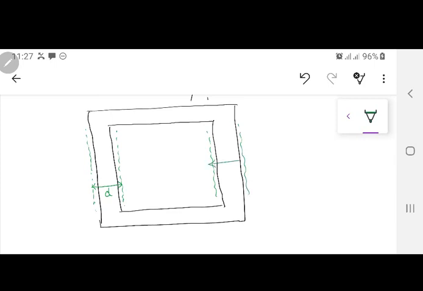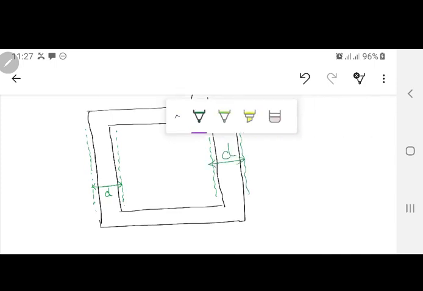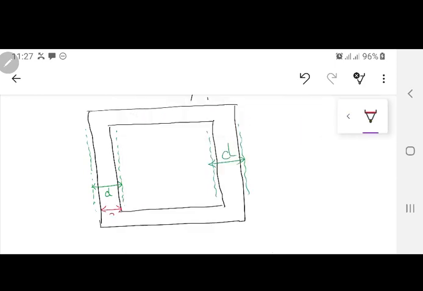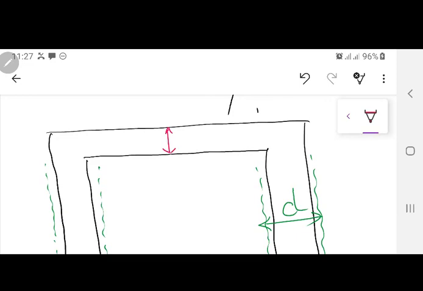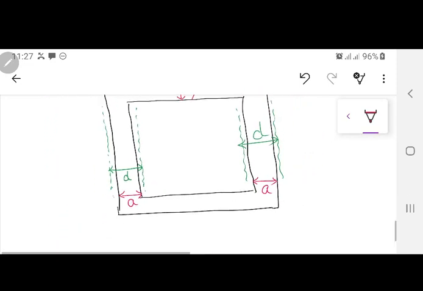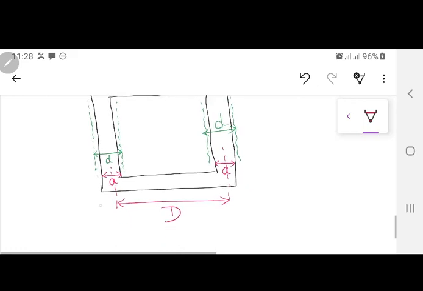This is D, and this length is equal to A, this length is equal to A, and since this is the yoke, this is equal to HY, height of the yoke, and if I take it from this center and the center of the limb, this distance is called capital D over here, and then I am talking about the width of the transformer.